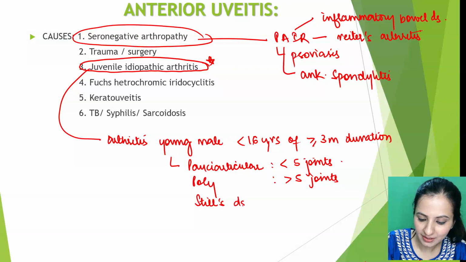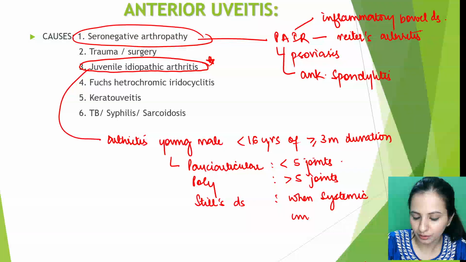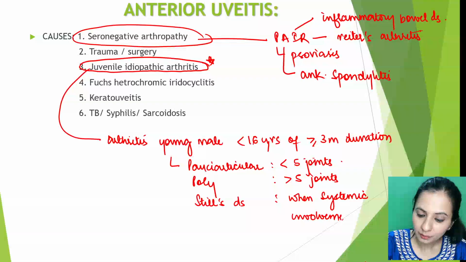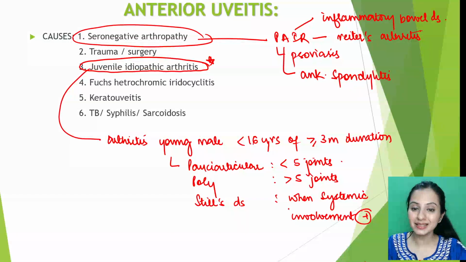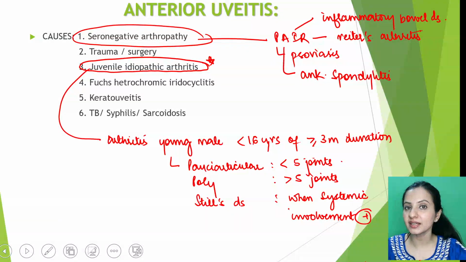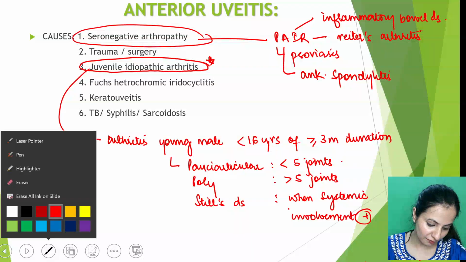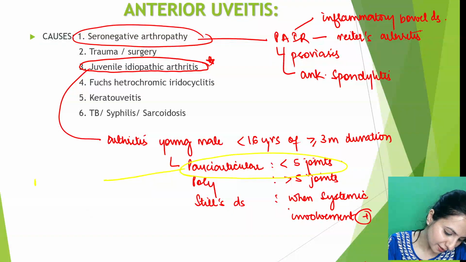Now, what is Still's disease? Still's disease is when you have systemic involvement. Okay. Now, the MCQ question here is, which type of JIA is most commonly associated with uveitis? So this polyarticular, this is the one that is most commonly associated with anterior uveitis.